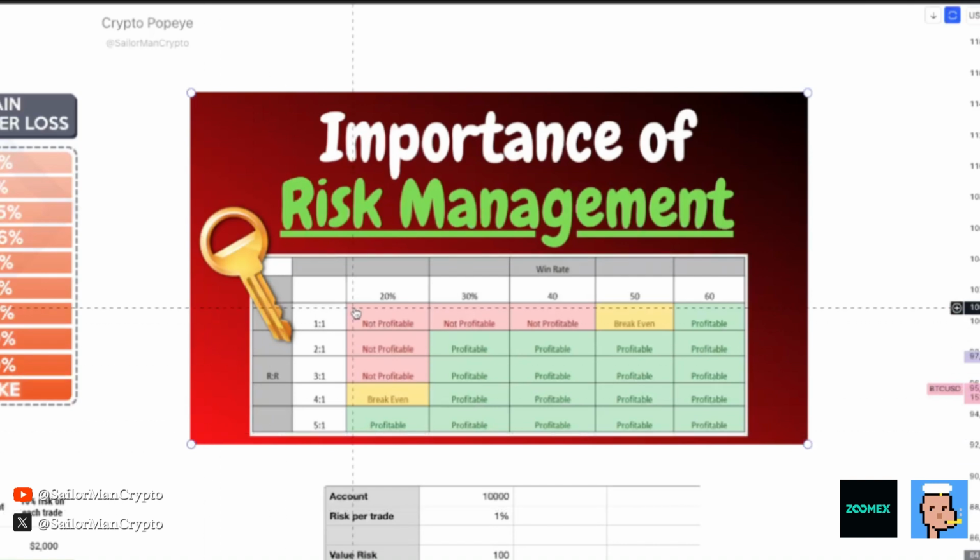This is the win rate. So with a 5-to-1 average trade taken in risk reward, you will be profitable even with a 20% win rate.